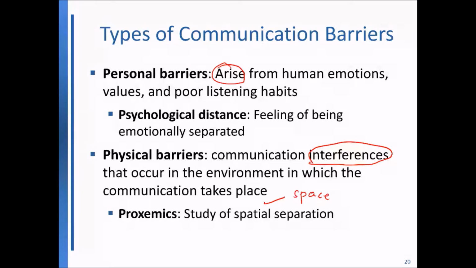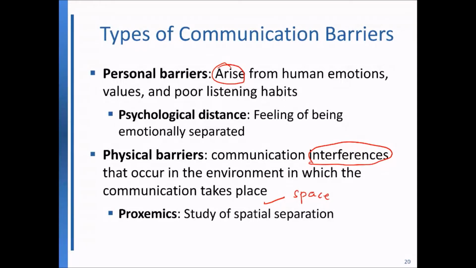And if we measure the distance, when it is psychological distance, it is not about physical distance, but it is like mental distance, like our interest, our way of listening to the other person. So we call that psychological. But if it is considered a space, the factor why you cannot understand another person is because of the space, that is proxemics.